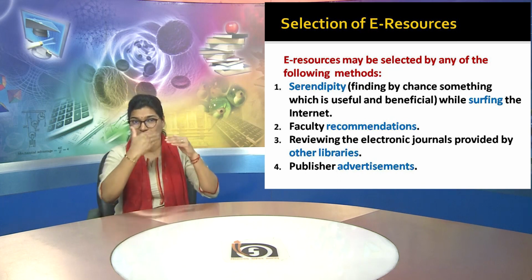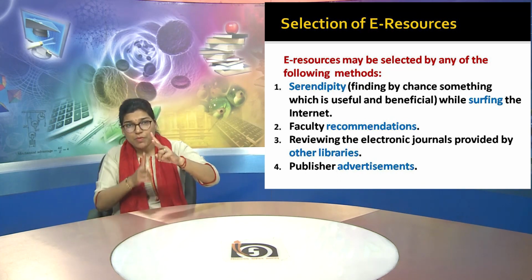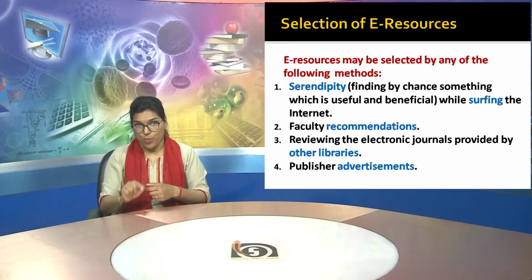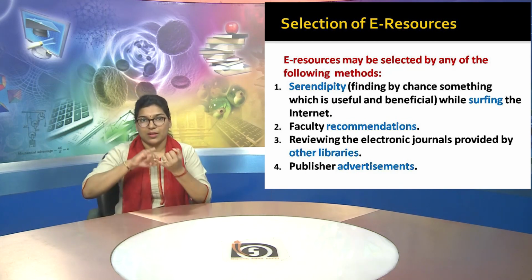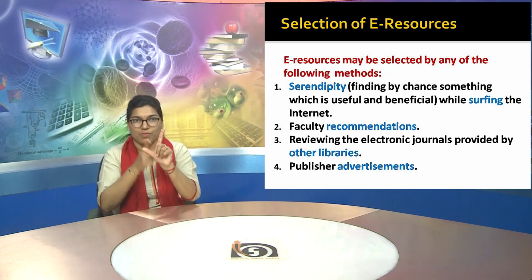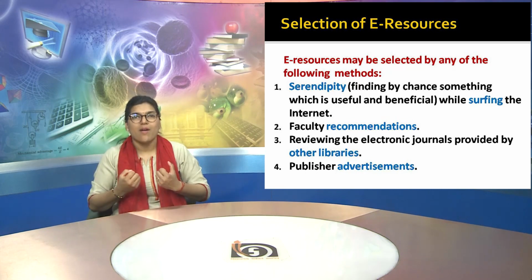You can see the red headline which explains e-resources may be selected by any of the following methods. So let us now understand the 4 methods out of which anyone can be followed. The first method is serendipity.